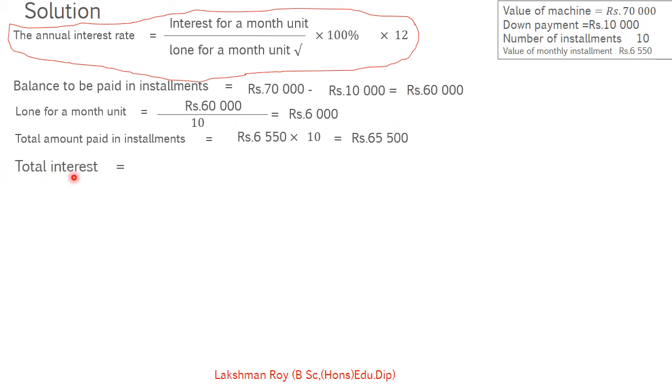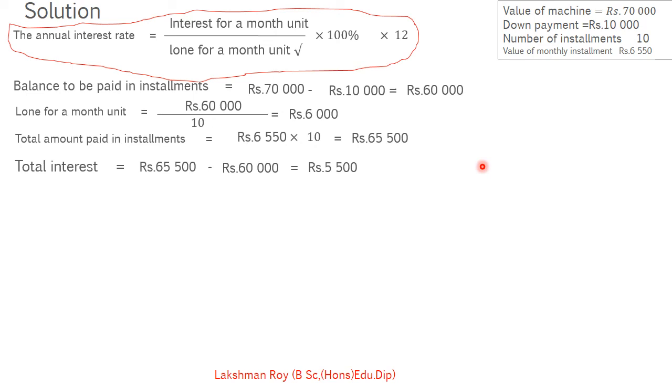So what is the total interest? You subtract 60,000 from 65,500, then you get 5,500 rupees. This is the total interest. But remember, this total interest is paid over 10 monthly installments, and the interest in every month is not the same. So don't misunderstand: 5,500 divided by 10 will not give you the interest per month.